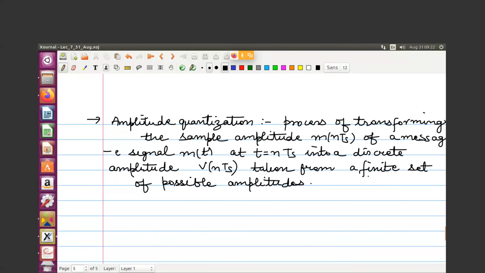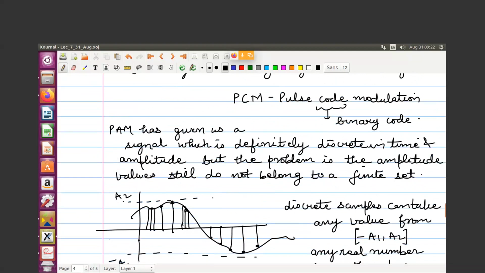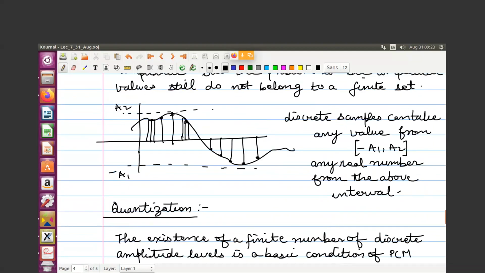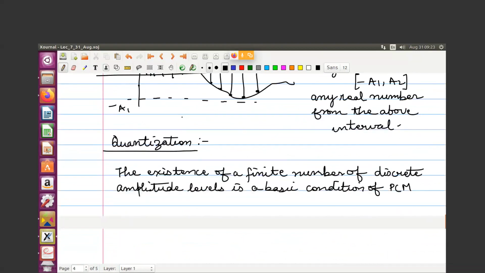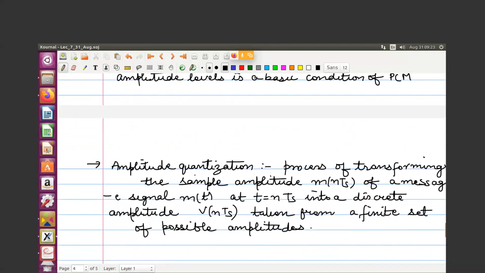I've just written the definition for those who are only reading from notes, so they must know what we are doing. Once we have this sampled signal, we have these discrete values, and we want to convert them to values drawn from a finite set. Because this is amplitude, this process is called amplitude quantization. We want to transform the sample amplitude m of nTs of a message signal m(t) at t equal to nTs into a discrete amplitude taken from a finite set of possible amplitudes.